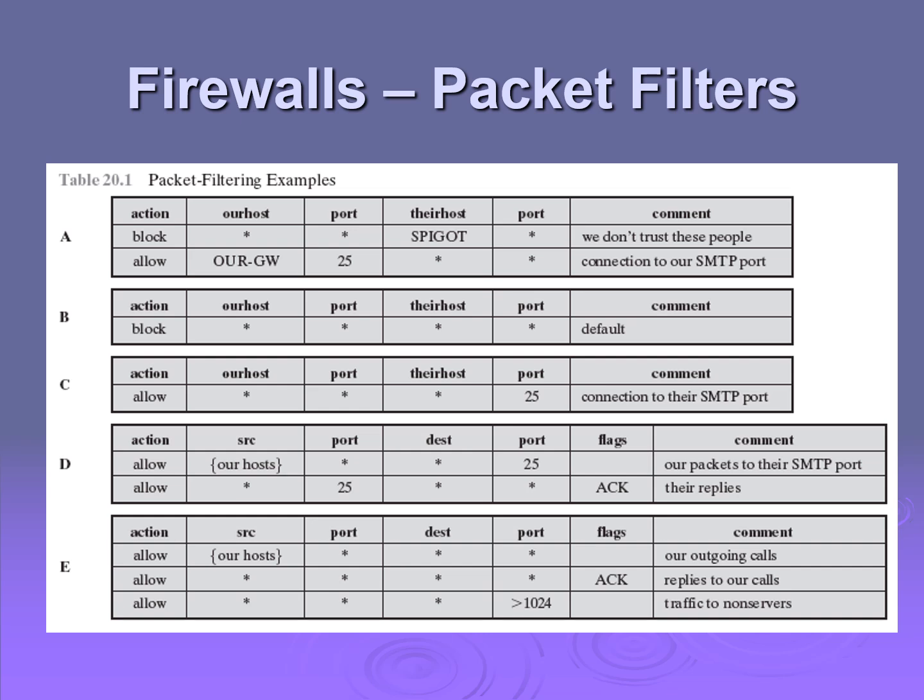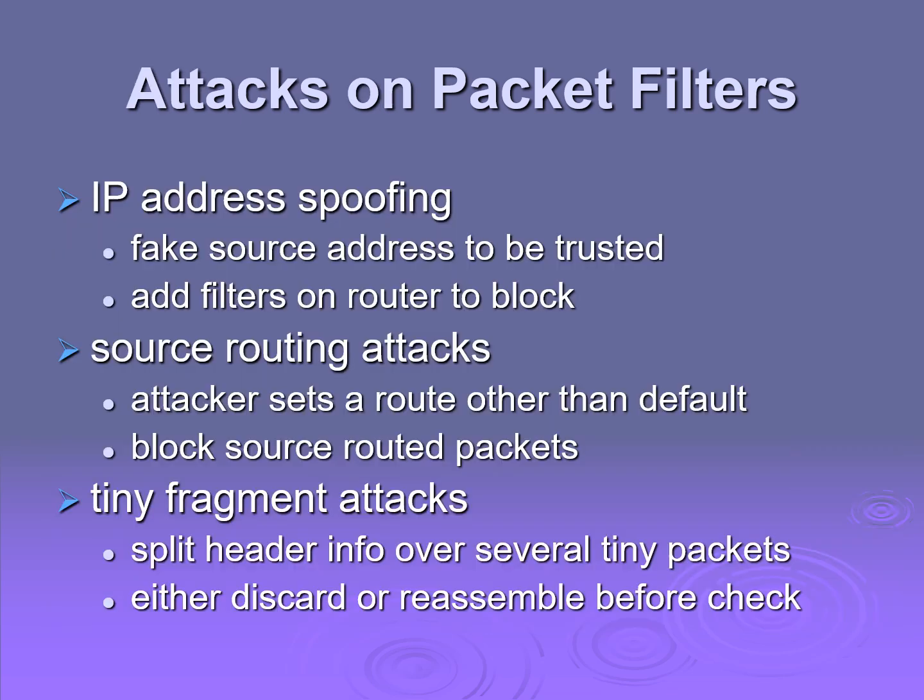Some of the attacks that can be made on packet filtering firewalls and the appropriate countermeasures are the following. One is IP address spoofing, where the intruder transmits packets from the outside with an internal host source IP address.